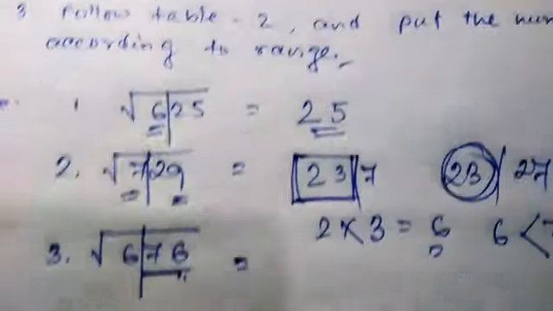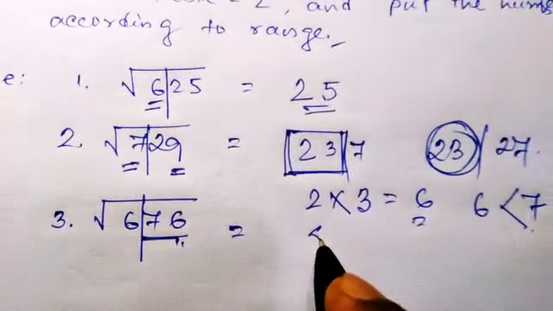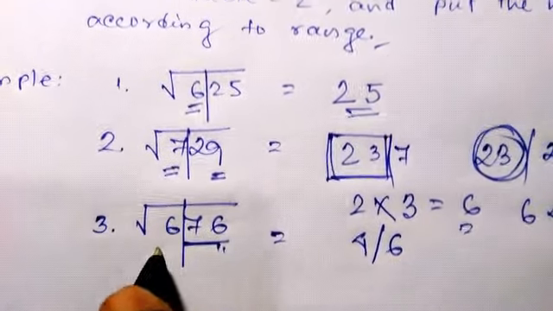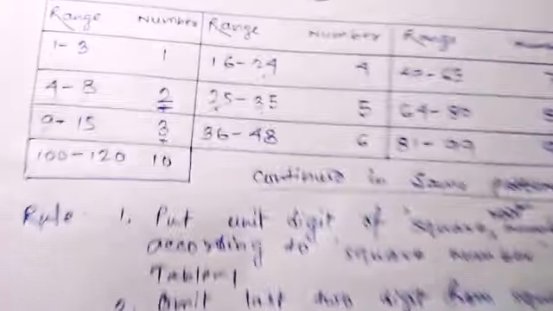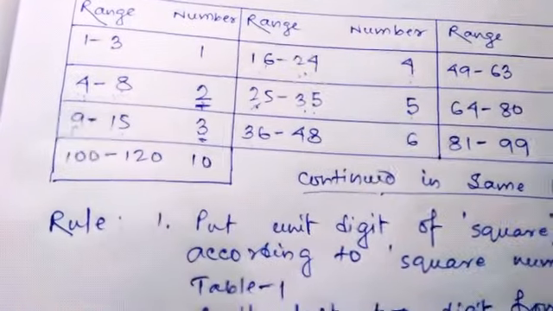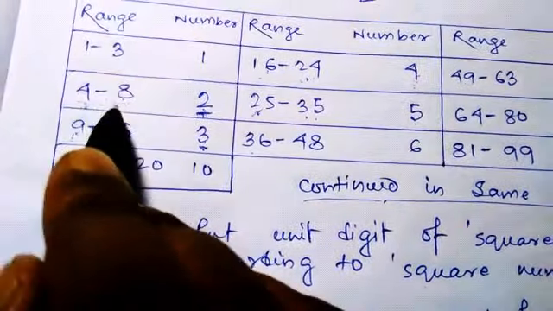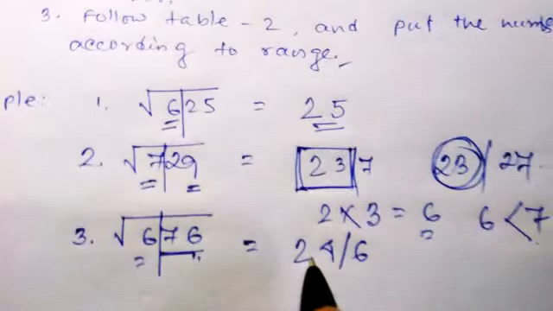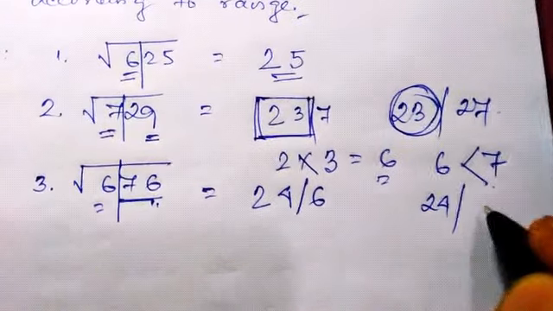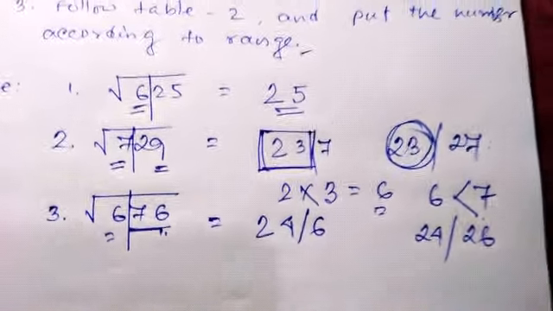So here I can write it will be either 4 or 6. And there is 6 from table number 2. It is easy that 6 is in this range 4 to 8, so it will be 2. Okay, so it is either 24 or 26.